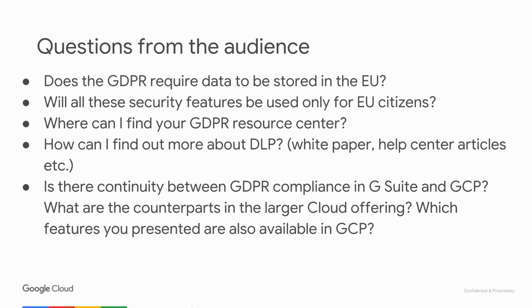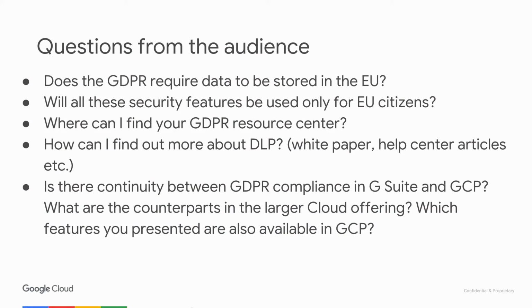Someone was asking how they can find out more about DLP. We have a white paper and help center articles, and those are good examples. If I remember correctly, you can find these by going to the GDPR Resource Center, and when we talk about product features that can be helpful with the GDPR, they are linked there.